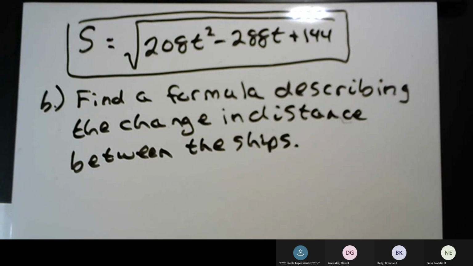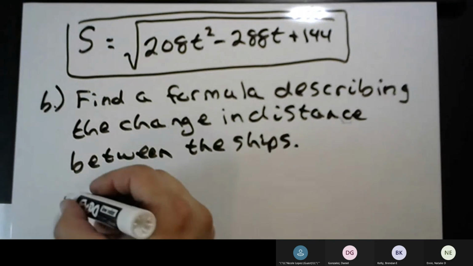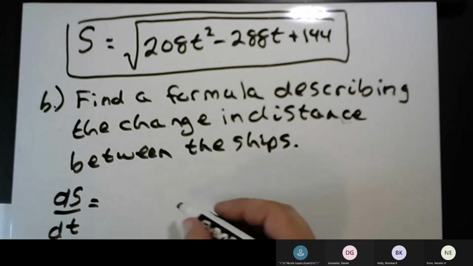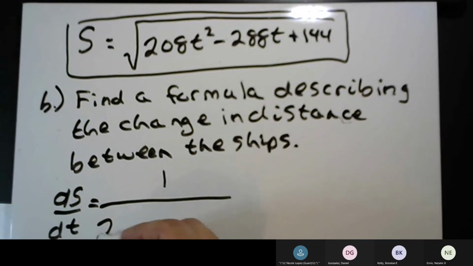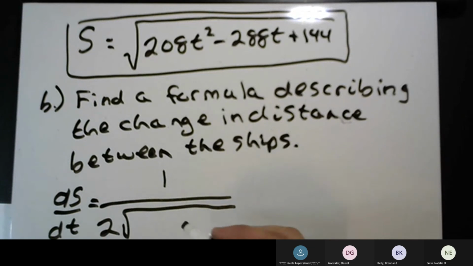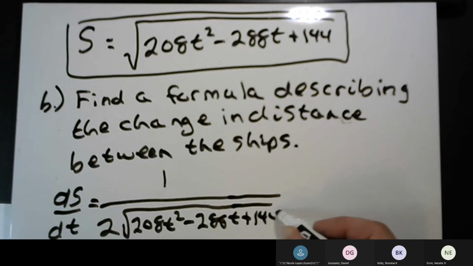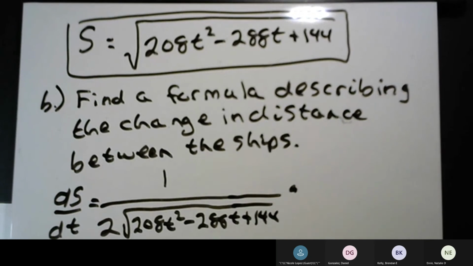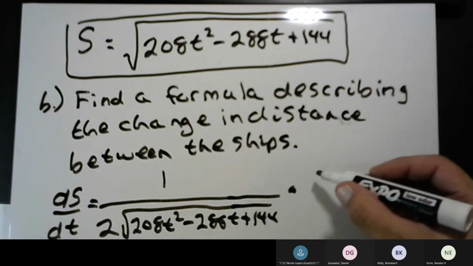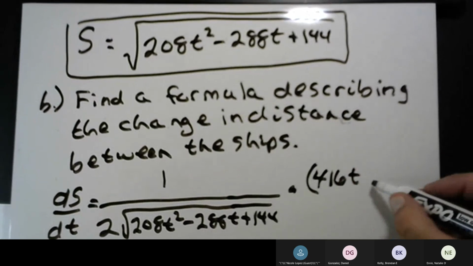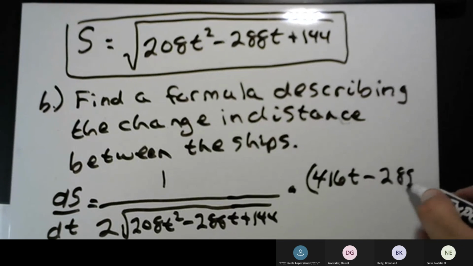So all that's going to mean is we'll take the derivative of this. ds/dt will be 1 over 2 times the square root of 208t squared minus 288t plus 144, times, using our chain rule here, the derivative of this, which you'll get is 416t minus 288.